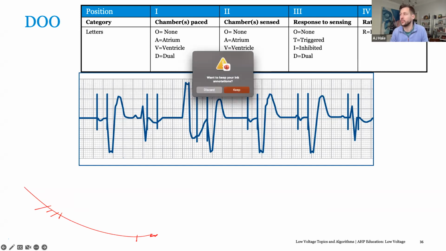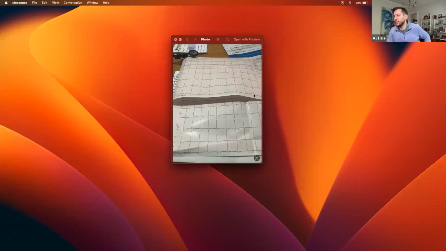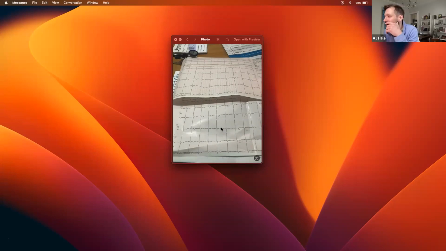Here, why don't we do this really quick? Sorry to get sidetracked, but I think we have a little bit of time. Can everyone see this right here? Yes, we can see it.